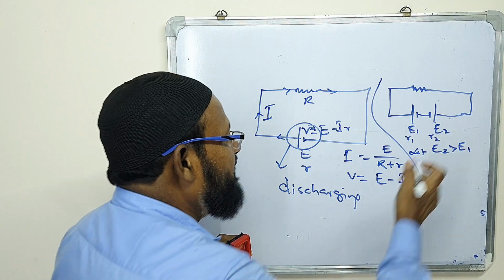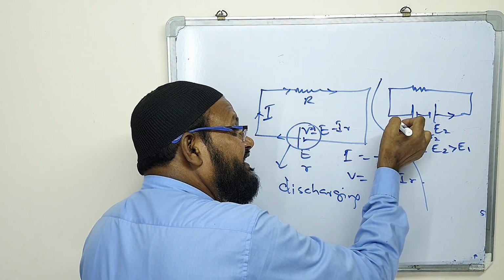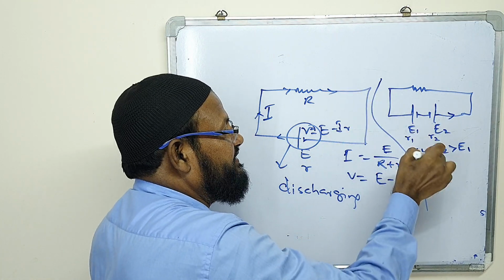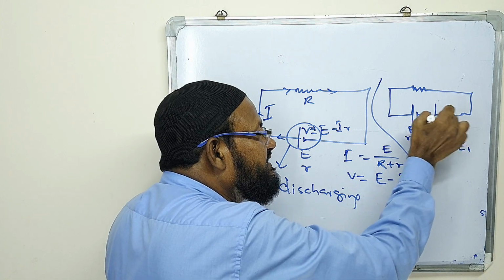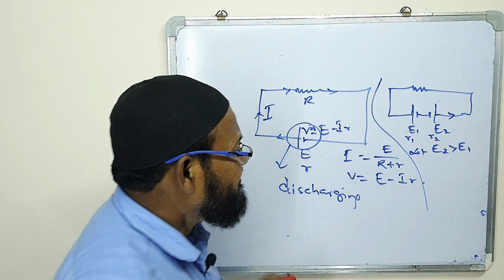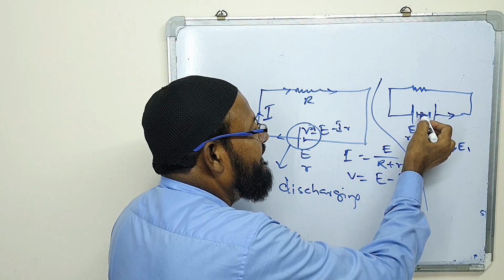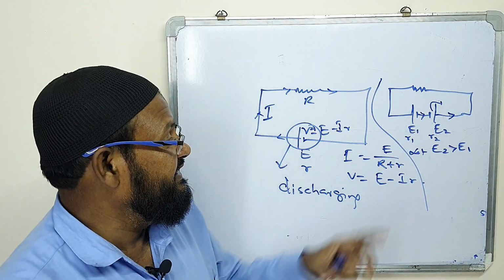E2 greater than E1 means the current will flow in this direction. In this competition, E1 is defeated and E2 gains. In this case, sir, this is the current, and this battery is discharging.